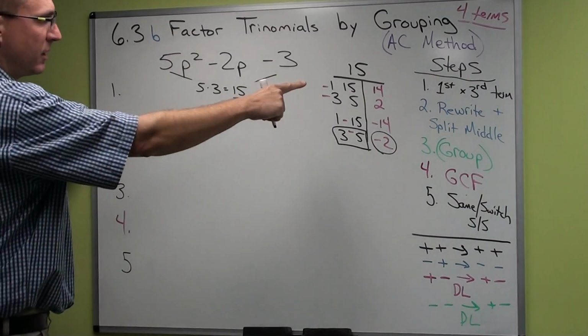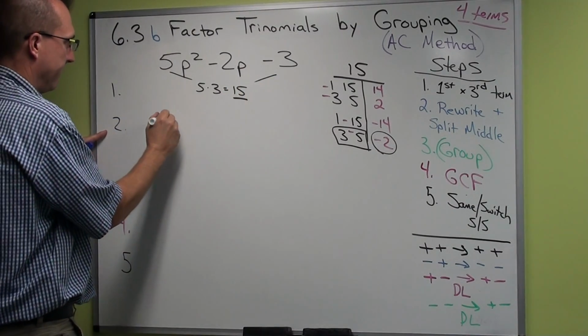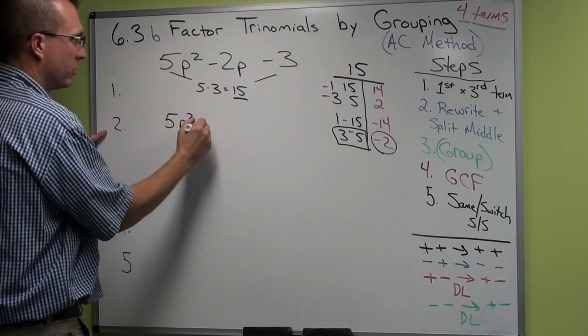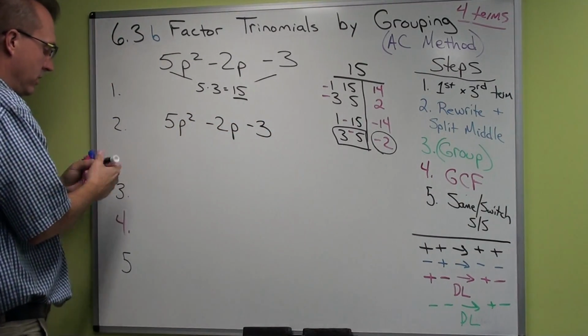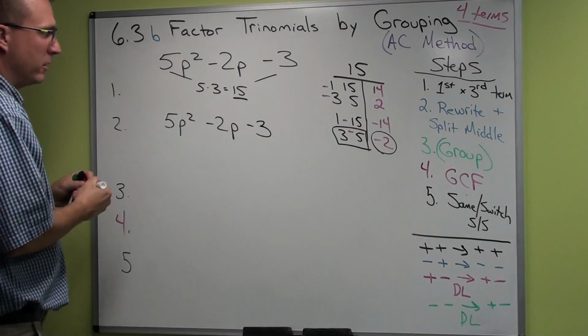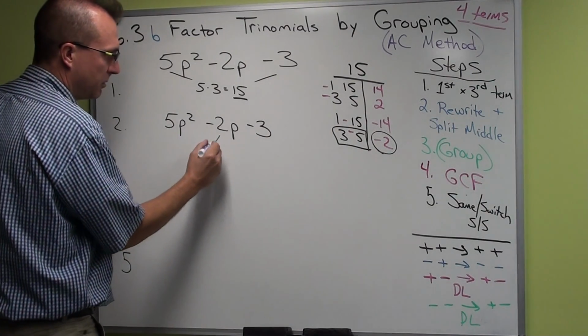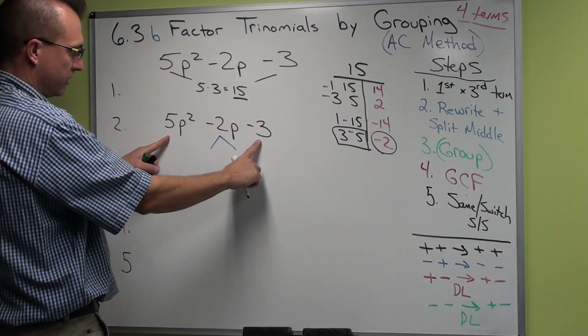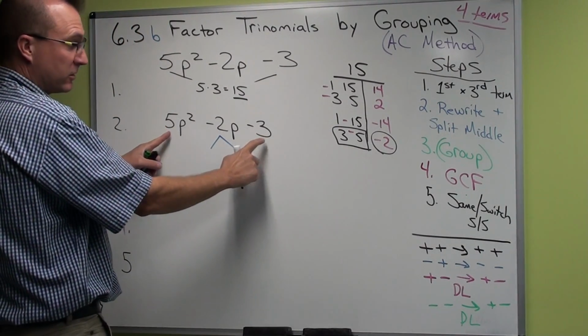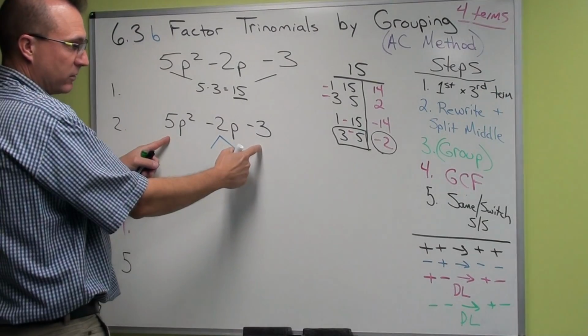So then step 2, I'm going to rewrite 5p squared minus 2p minus 3. And then I'm going to split my middle. This is going to split. I have a 3 and a 5. Now look at my numbers. I have a 5 and a 3. So this could make a difference on how you split them.